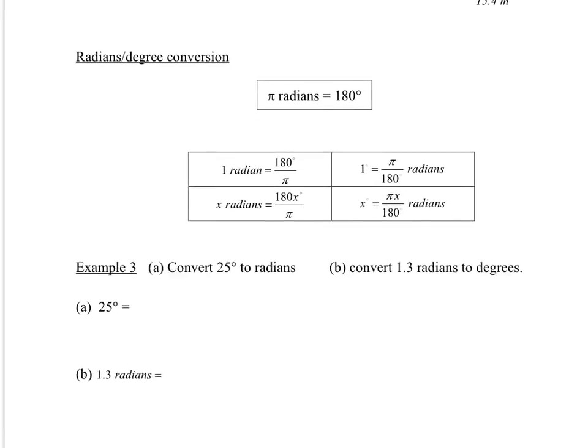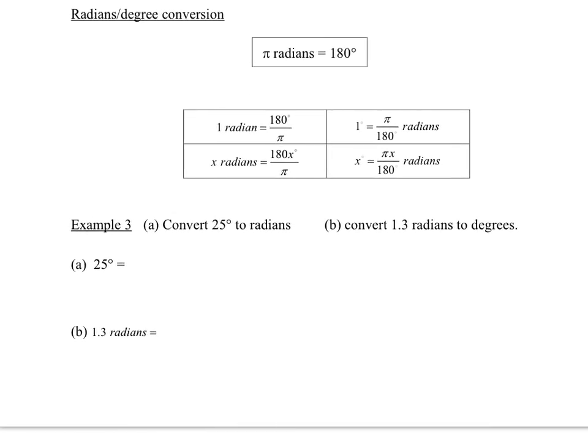So if you want to convert between radians and degrees, 1 radian is going to be 180 degrees divided by pi, which is this equation here. If you want to get 1 degree, you'd have to divide pi by 180. So 1 degree is equal to pi over 180.